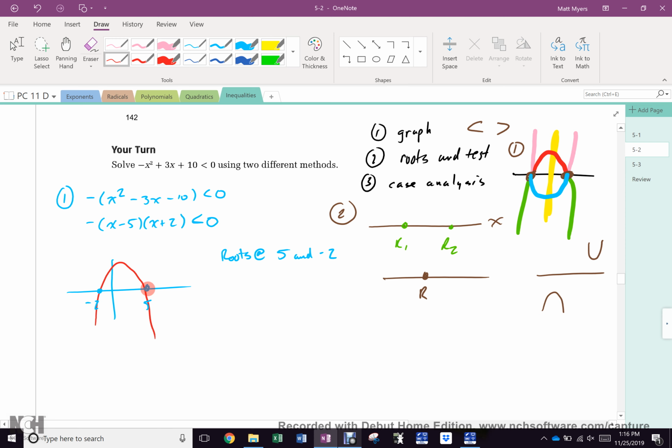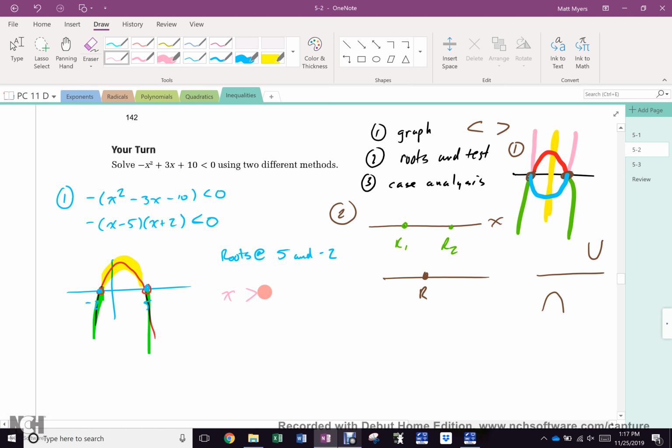Which is it, Jacob? No. Why? Because it's not equal to 5. So you just got to remember that's open dots, right? So where is it less than 0? Yellow or green? Green. When is the parabola green? When x is what?